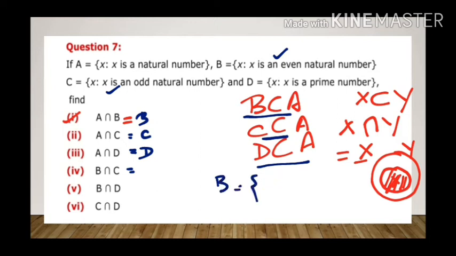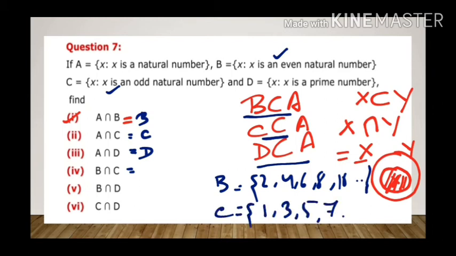B is the collection of even natural numbers, that is 2, 4, 6, 8, 10 and so on. And C is the collection of odd, means 1, 3, 5, 7, 9, 11 and so on. So you can see there is nothing common between B and C. So that's why B intersection C will be the phi set.